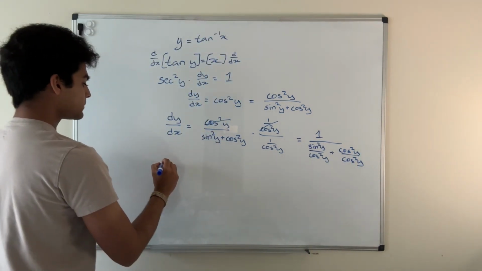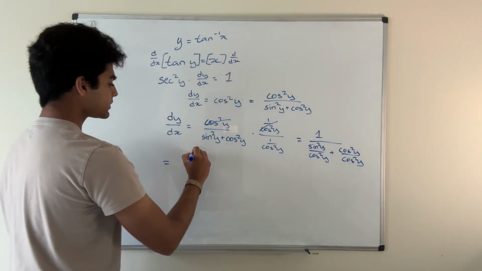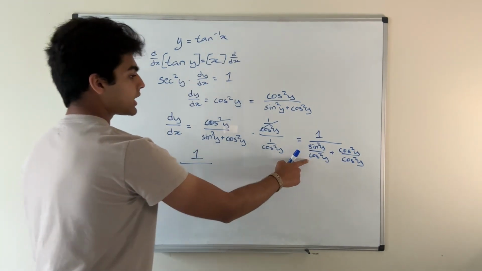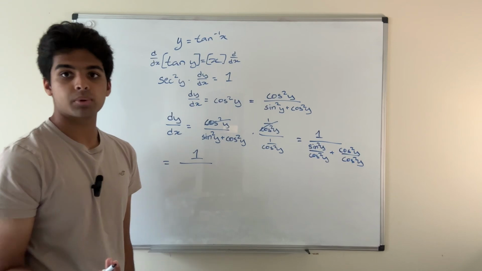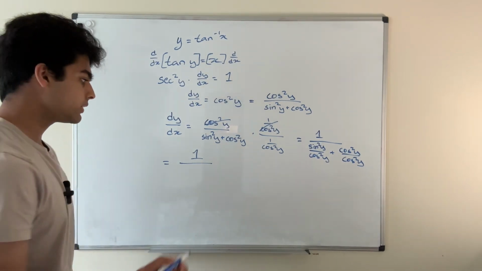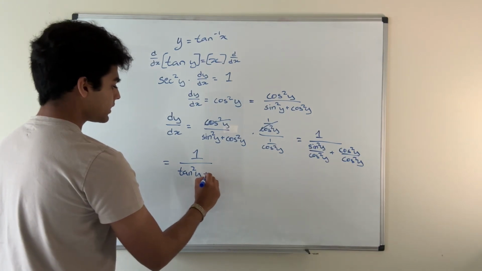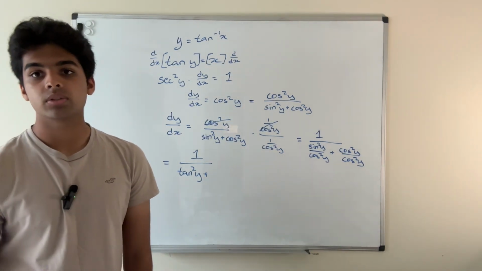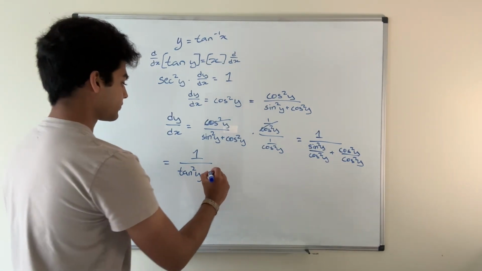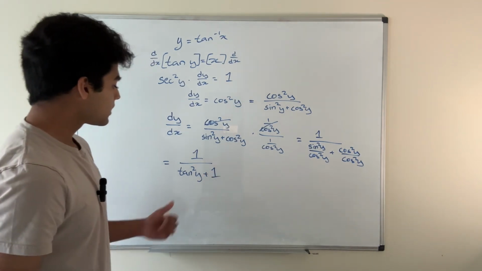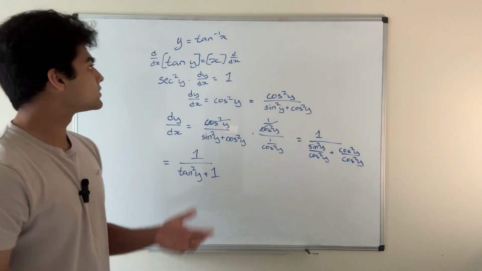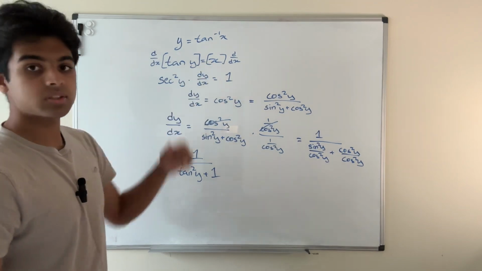Now, we can simplify this. So we'll still have 1 on the top. Sine squared y divided by cosine squared y is just tangent squared y, right? And then cosine squared y divided by cosine squared y is just 1. But wait, we know what tangent y is. We found it right here. Tangent y is just x.